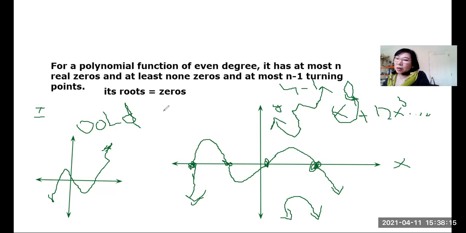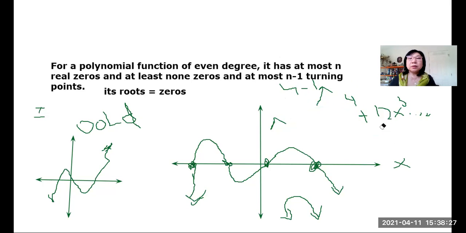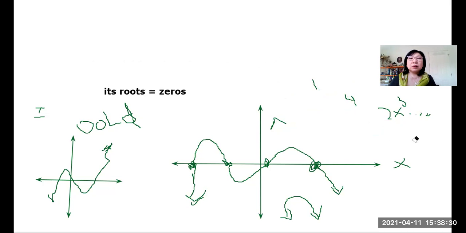Okay, so let's explain what a turning point is first. Let me erase this. Oh, I have to clear everything first. Okay, so what is a turning point?